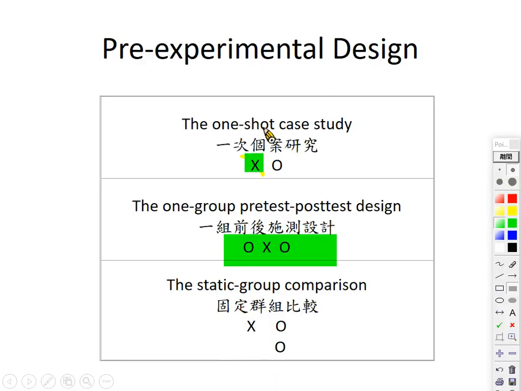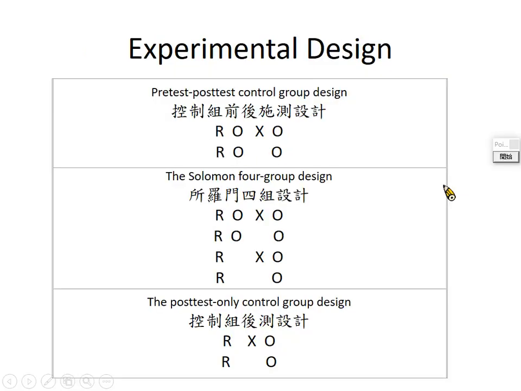And what about O? O refers to observations. That is the timing, the chance for us to collect data. Okay, so treatment and observation. There are a lot of different combinations out there.